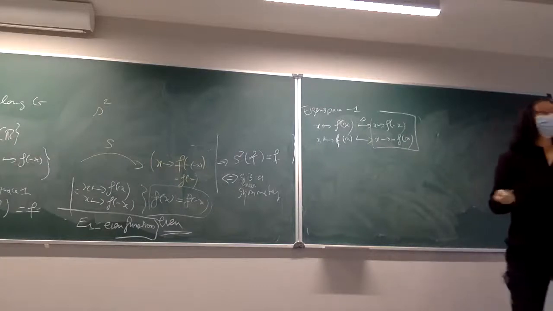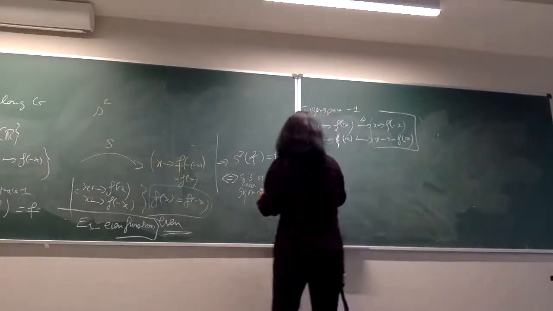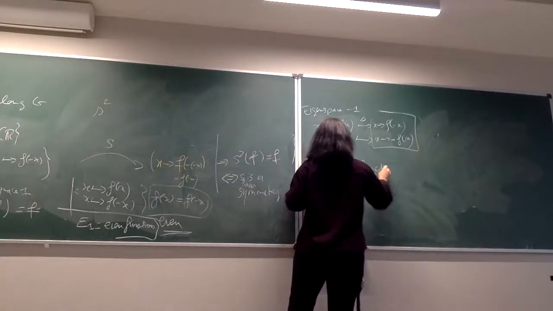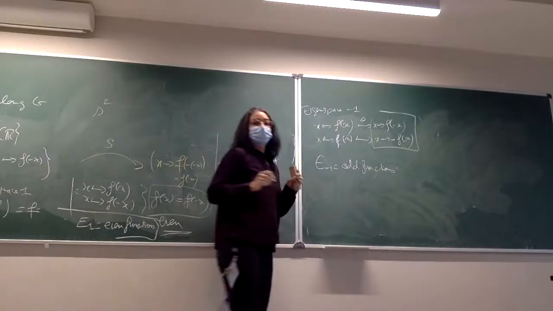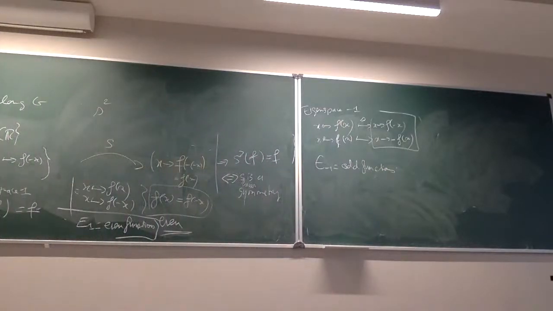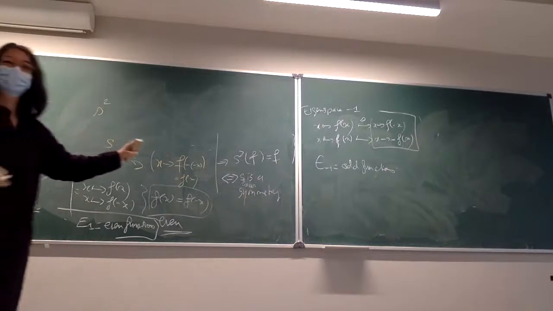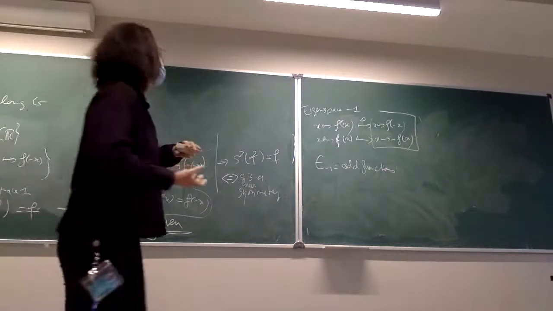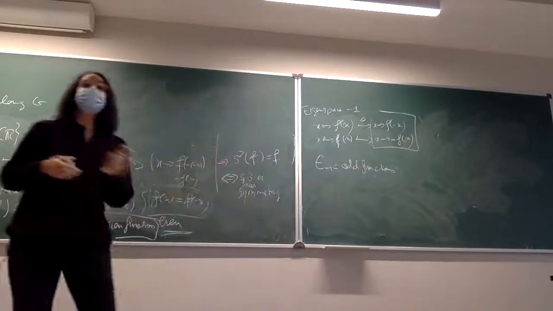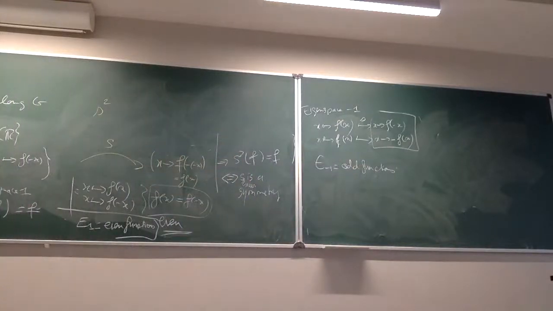Odd functions, yes. I'm pretty sure this is one exercise you did in year 1, to show that any real function can be described as the sum of an odd function and an even function. So you really have a direct sum between even functions and odd functions in order to create any real function.